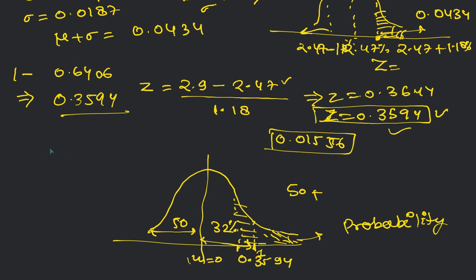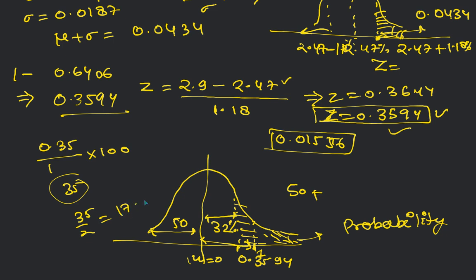So 0.35 over 1 into 100 is 35. Taking 35 over 2 is 17.5.